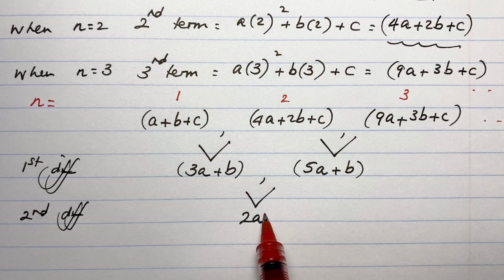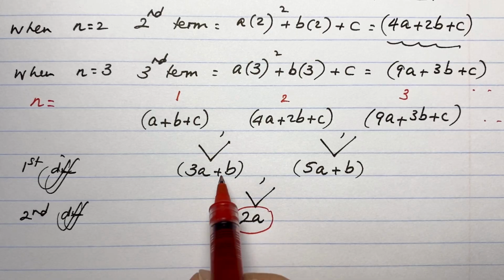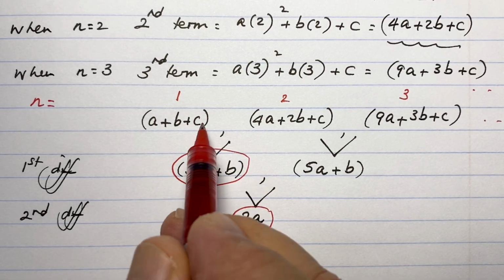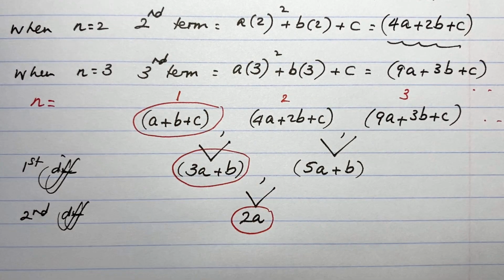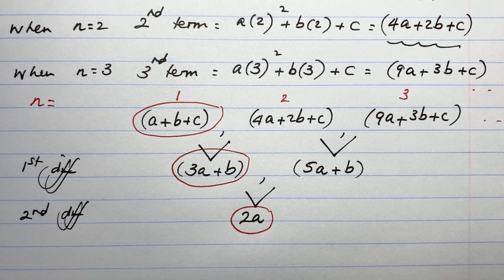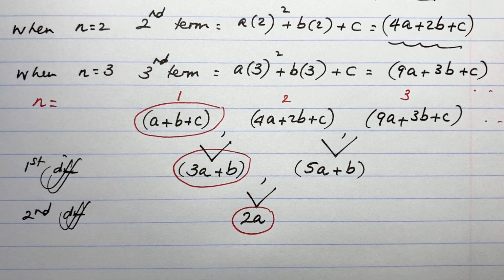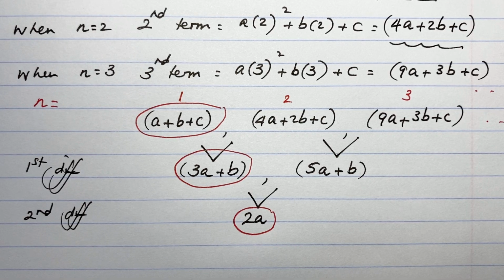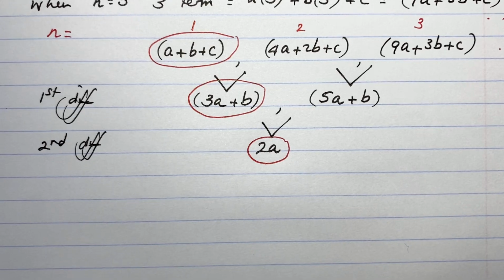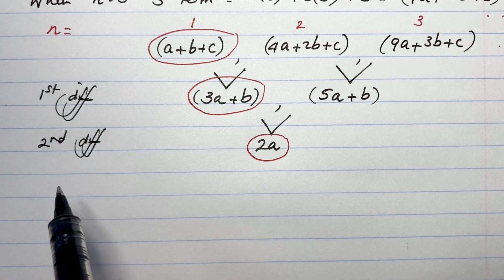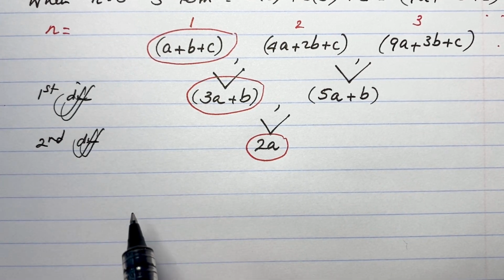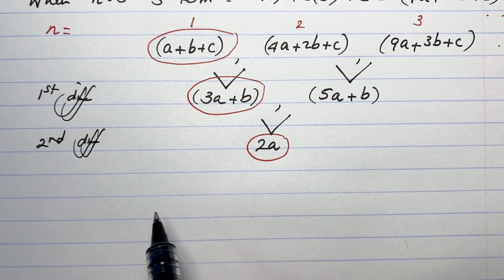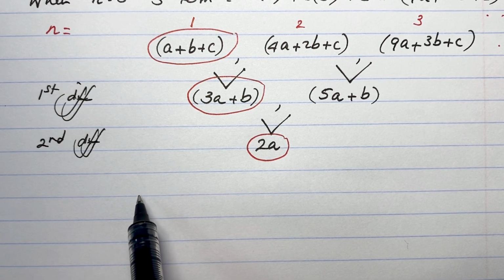So I'm going to use these values to find the a, b, c of any quadratic nth term. Let's use the very example I used in the previous lesson. So we want to find the nth term of this sequence.